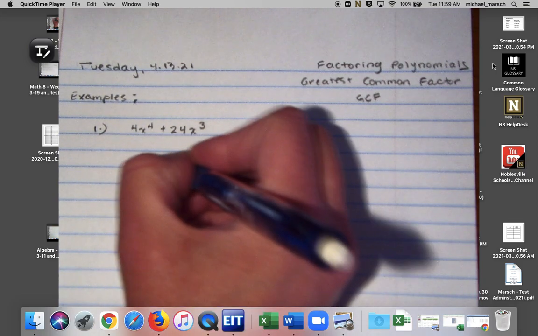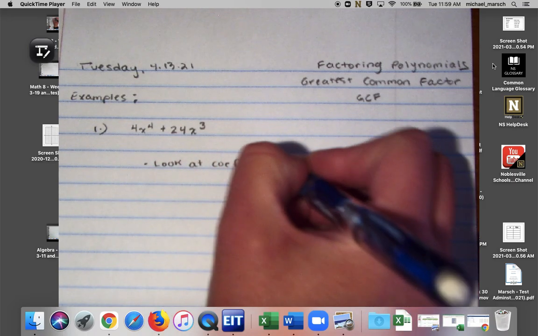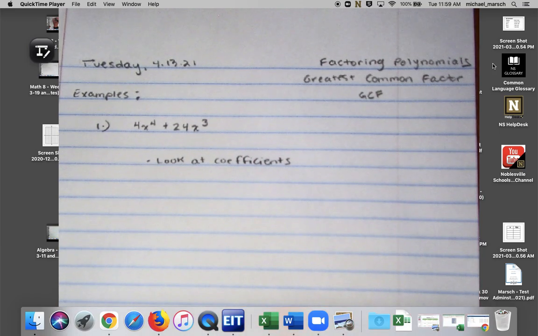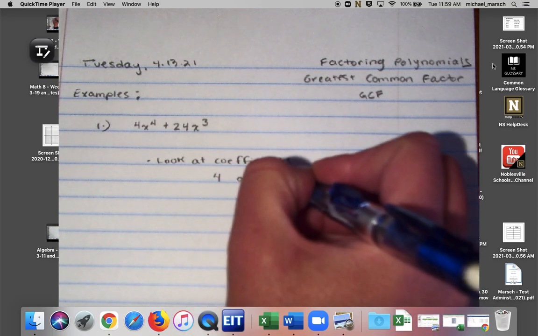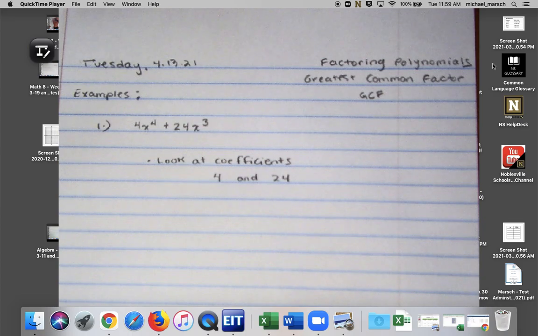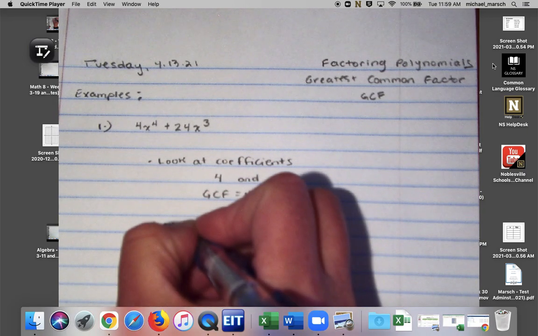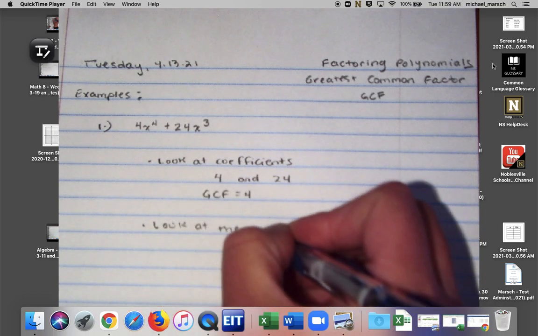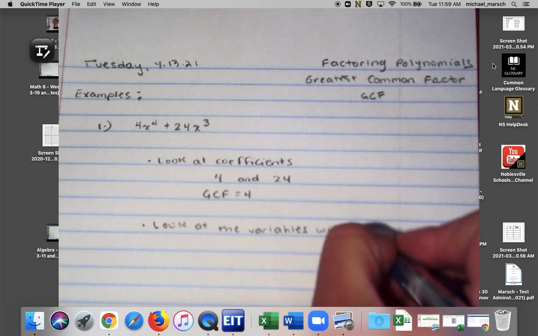So the first thing we're going to do is look at the coefficients. So we have 4 and 24. What would be the greatest common factor of 4 and 24? 4. Okay. Then we're going to look at the variables with exponents.